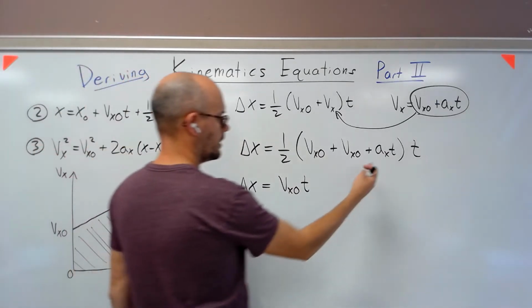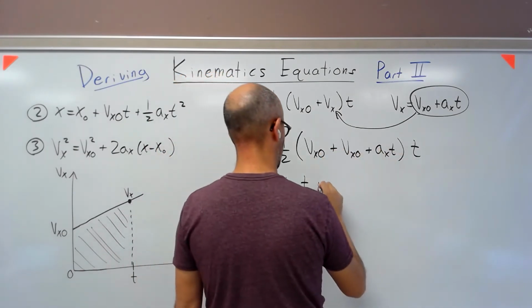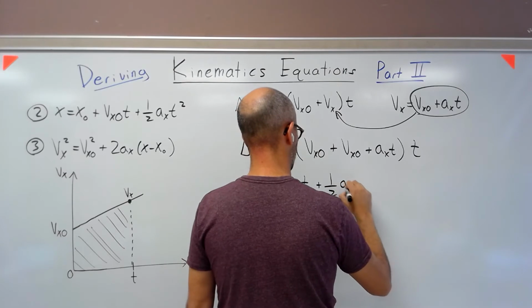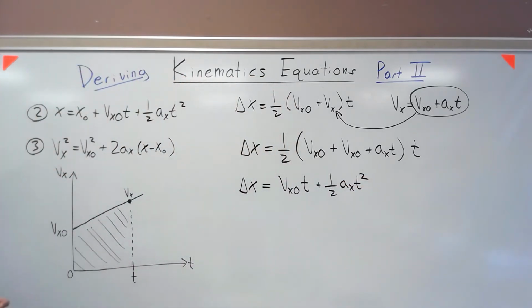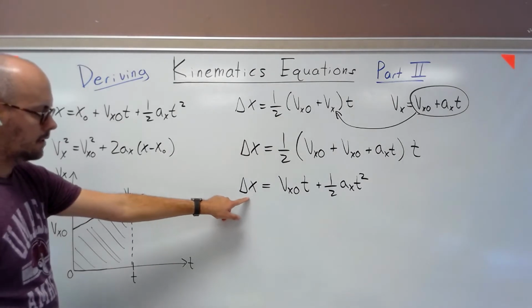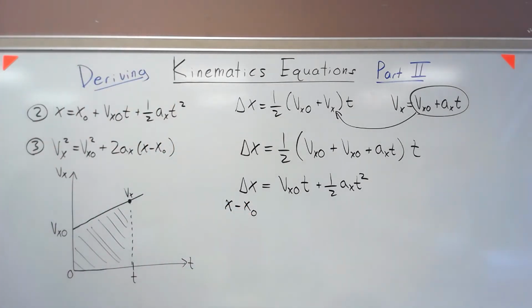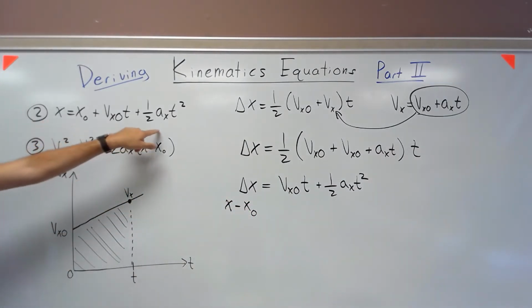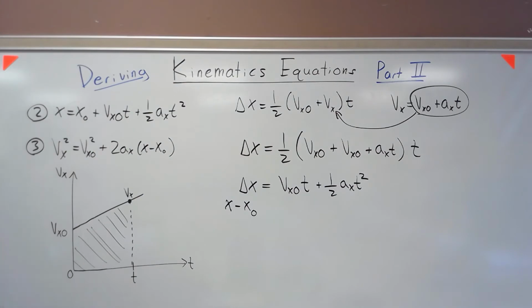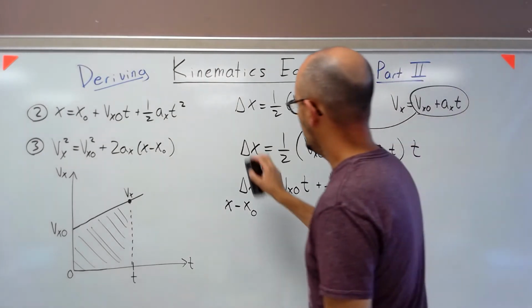And then if you take Ax times time and multiply it by 1/2 times time, you get 1/2 Ax times time squared. Now remember that delta x is really x minus x naught, and so you can add x naught to both sides and you end up with this equation right here. So that's our first derivation, basically taking equations we already know and performing a substitution.